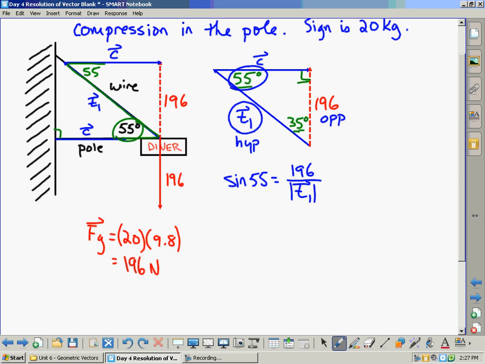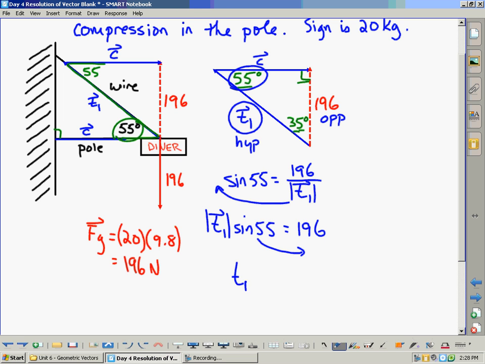So we need a little bit of work here. We're going to have to first bring this up here. T1 times sine 55 equals 196. And then to get T1 by itself, we're going to divide that. So it's T1 equals 196 over sine 55.